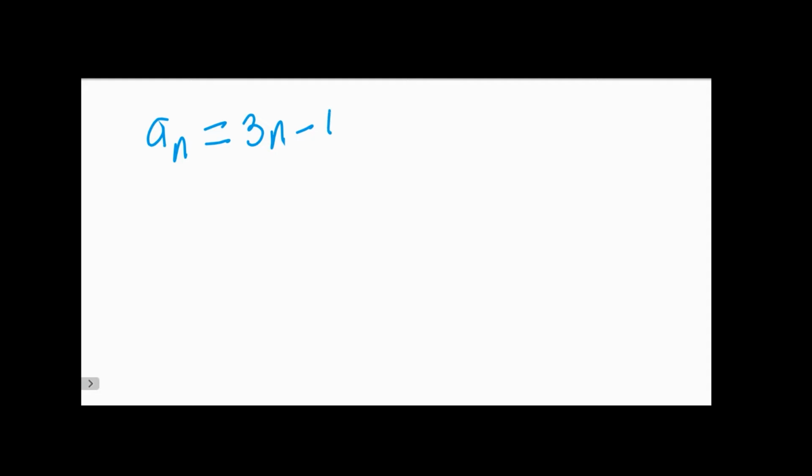If I plug in 1 for n, which would be a1, that would be 3 minus 1, or 2. If I plug in 2 for n, that would be a2, which is 3 times 2, which is 6, minus 1, giving me 5. If I plug in 3 for n, that would be a3, which is 3 times 3, 9, minus 1, 8, and so on.